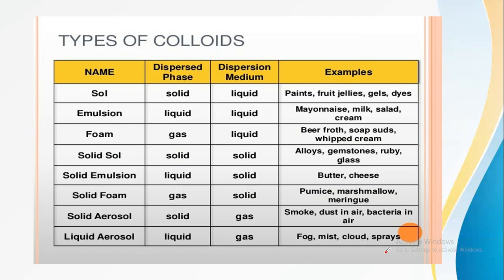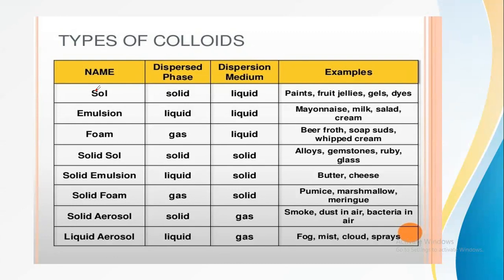Based on the physical state of the dispersed phase and dispersion medium, colloids are classified into eight types. Here in this table, we can see the eight types of colloidal solutions. The first type is sol. A sol contains a solid as the dispersed phase and a liquid as the dispersion medium.